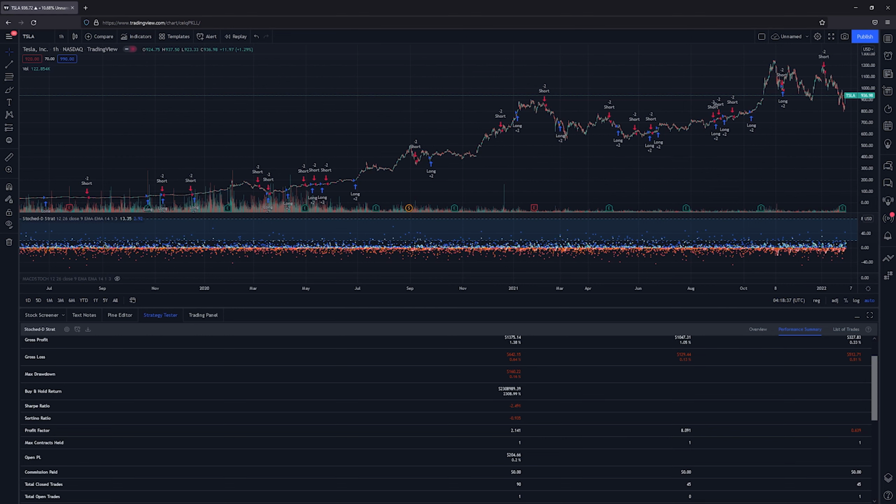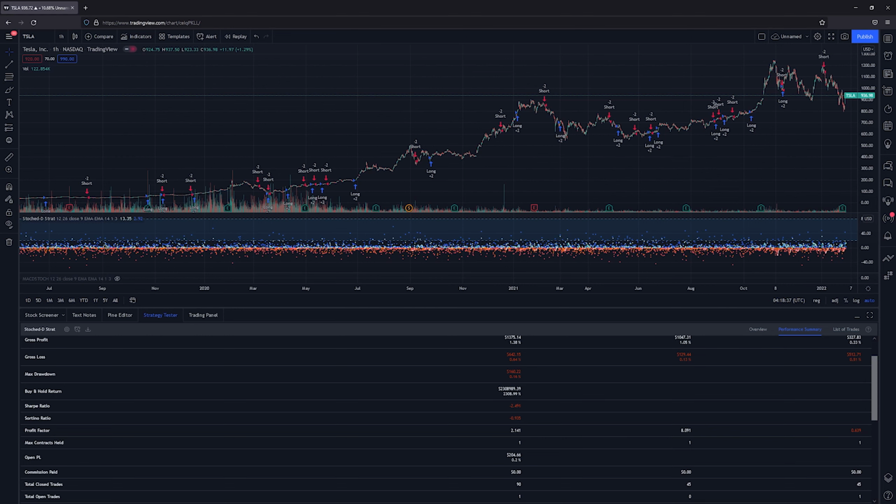Let me go over here. And this is really interesting. This is a good one to note. And so right here it says that our long trades were 60% profitable, and our short trades were only 33% profitable. And so, we have been in an uptrend.